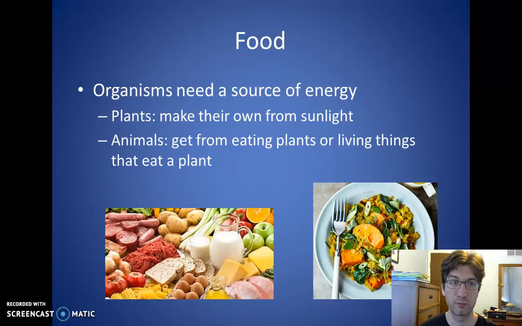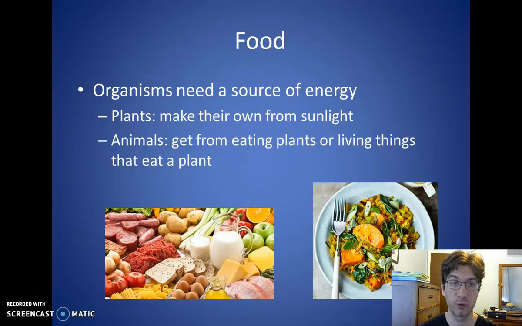All organisms need energy to live, but we do have organisms that can get energy from sunlight. For example, plants. Plants make their own energy from sunlight, and therefore they get food from being exposed to sunlight, and they have the internal conditions to make that food.